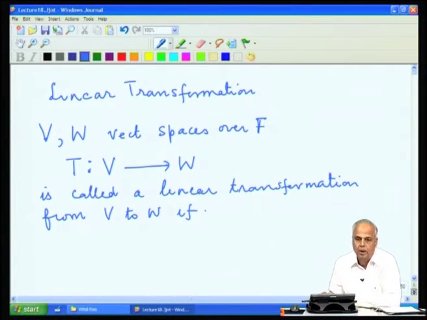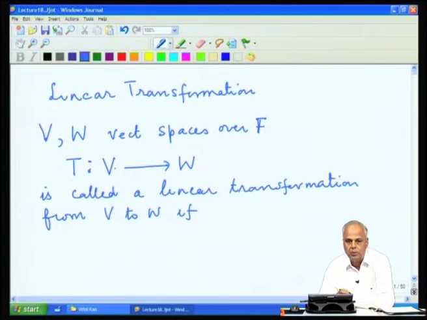If what should it do? Since V and W both have vector space structures, both have addition and scalar multiplication, and we want this T to preserve the structure of addition and scalar multiplication. So, it is called a linear transformation if, one, it preserves addition.